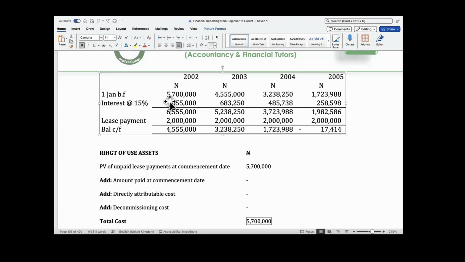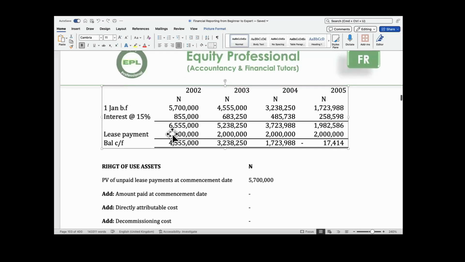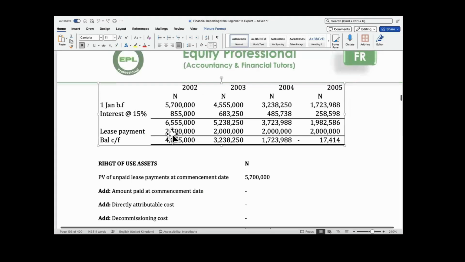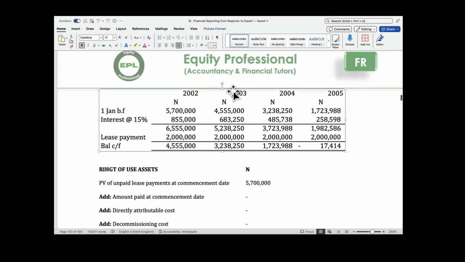It gives us 855,000. When you add these two together, you get 6,555,000. At the end of the year we also pay rent, so we deduct 2 million. It brings the balance down to 4,555,000. This balance, we carry forward to 2003.